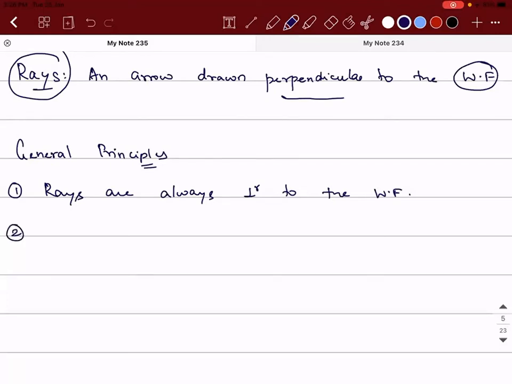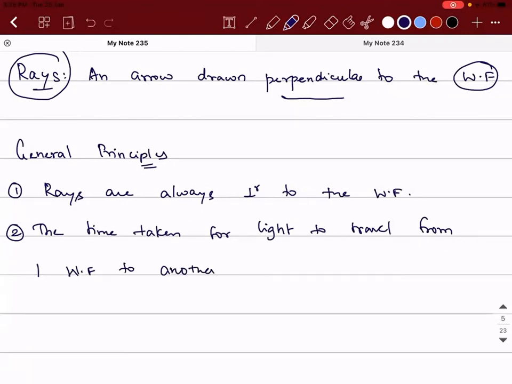Second, the time taken for light to travel from one wavefront to another is the same along any ray.